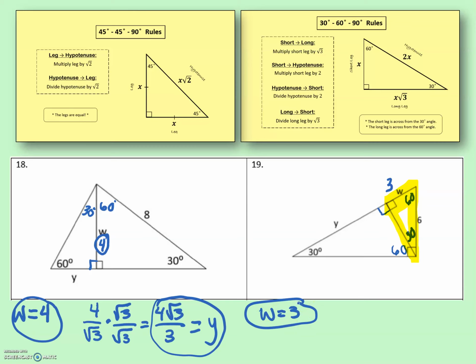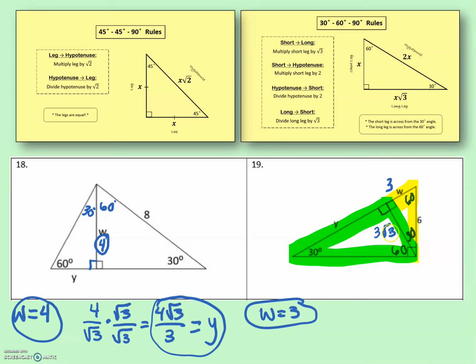All right, now we're going to look for this side, even though it's not asking us for it, because it's going to help us out. To get from the short leg to the long leg, we're going to multiply the short leg by root 3. So this right here becomes 3 root 3. Now this triangle that I'm highlighting in green, that 3 root 3 represents the short side, and we're looking for the long leg.